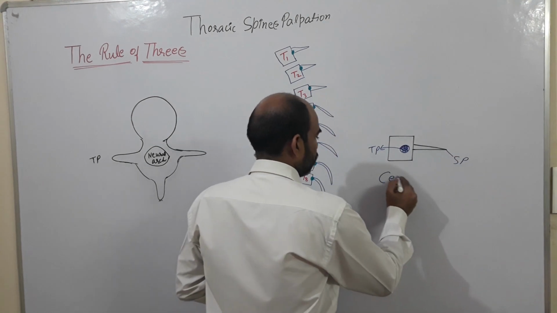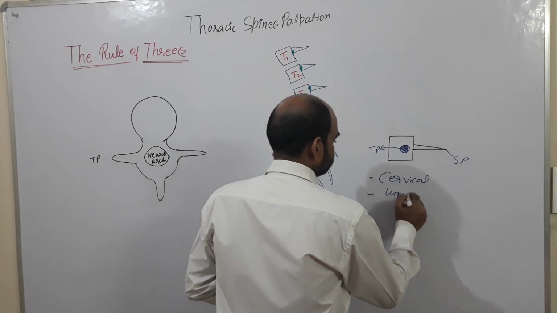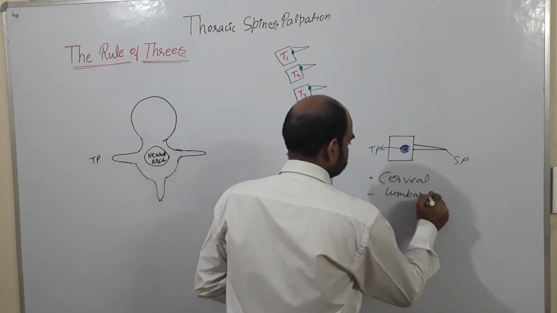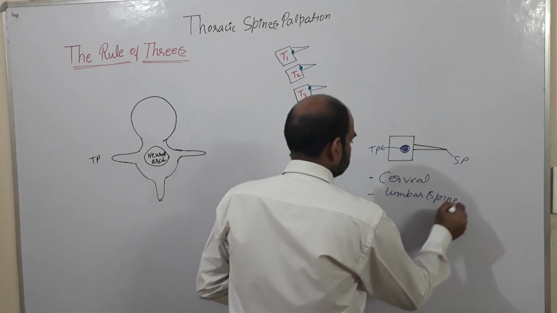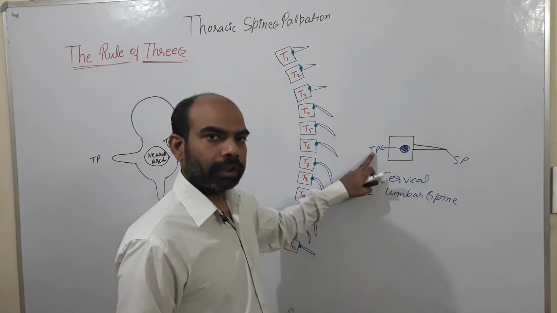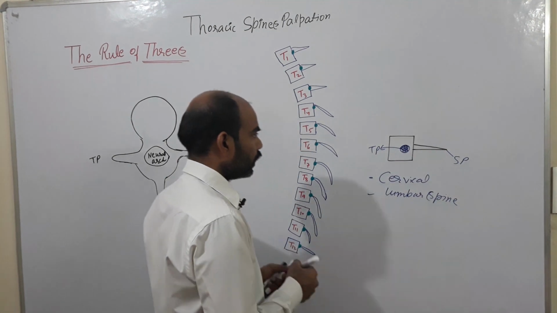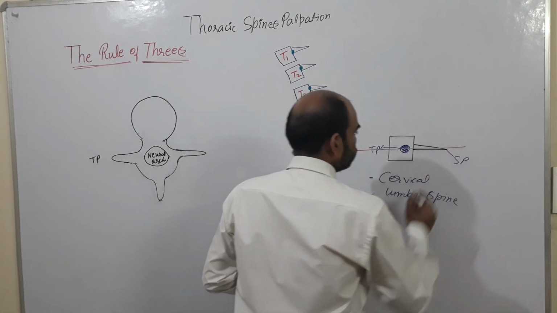In the cervical and lumbar spine, the level of the transverse process and the level of the spinous process are in the same line.